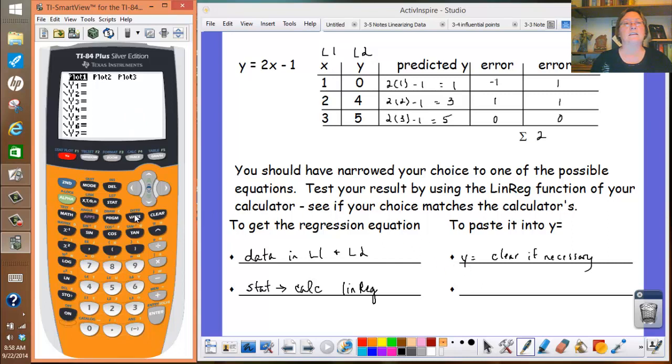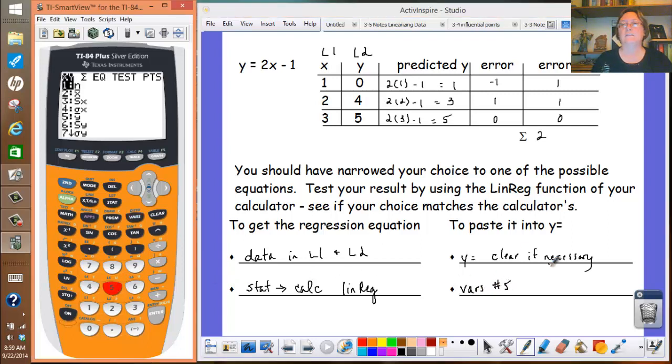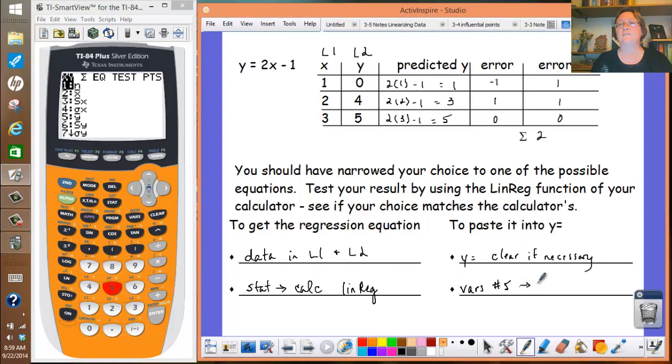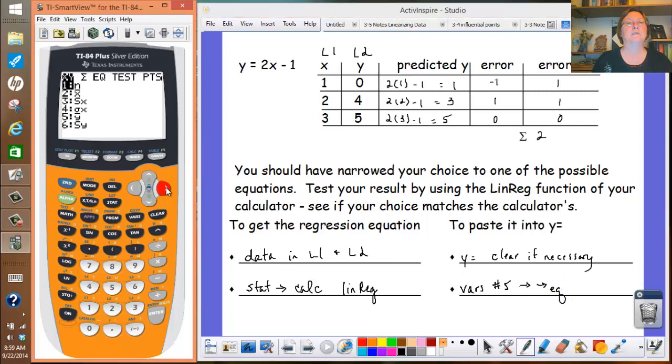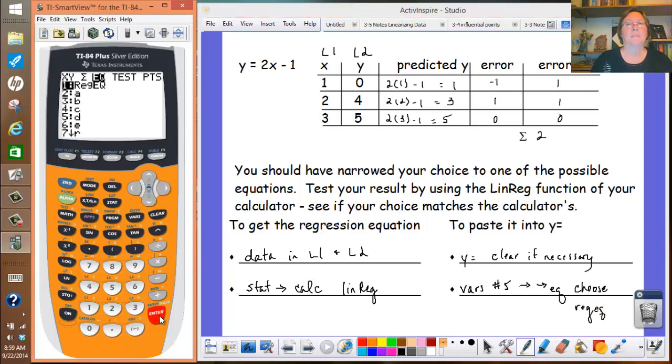It's the VARS key, V-A-R-S, VARS, option 5 for statistics. Then it is arrow over twice to EQ, and choose Reg EQ. Notice how that put the equation right here.